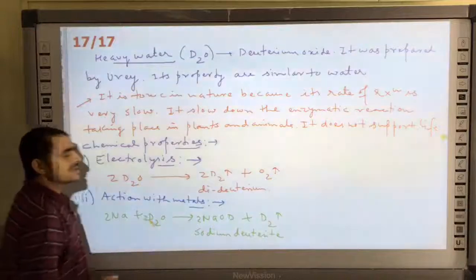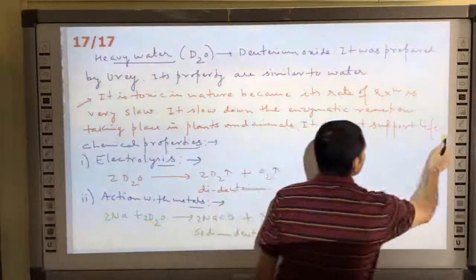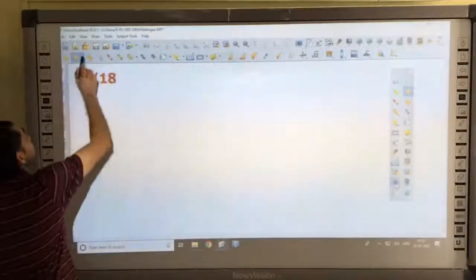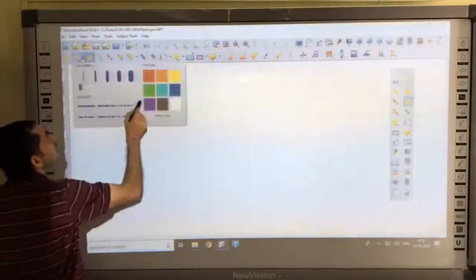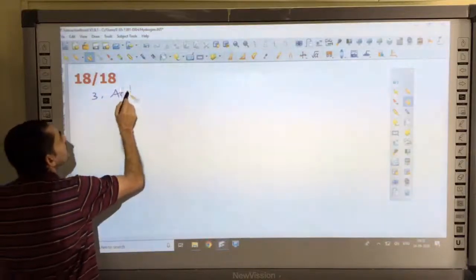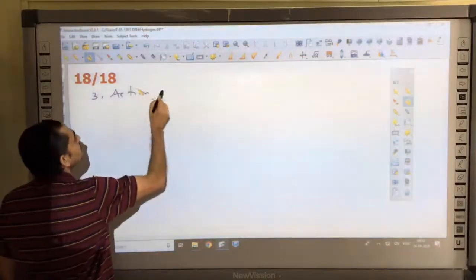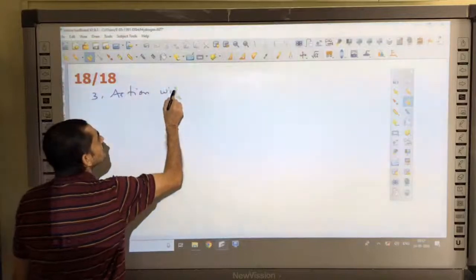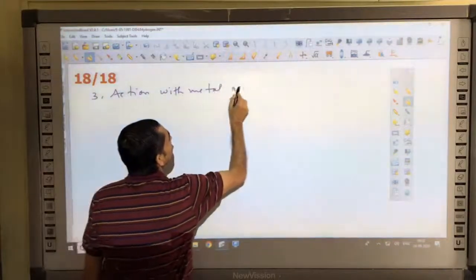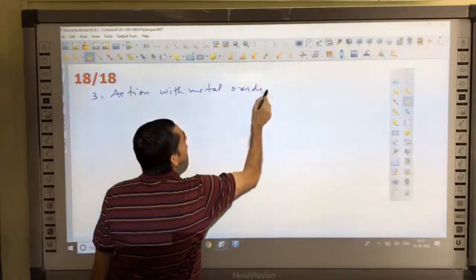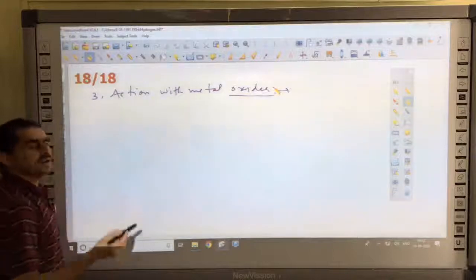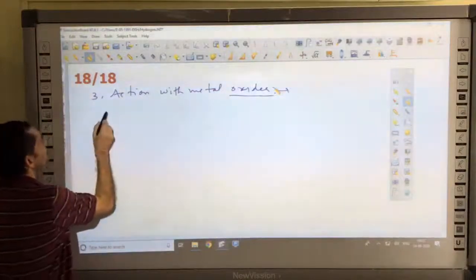Okay. Next property is action with metal oxides. Number third, action with metal oxides. Now it reacts with metal oxide in the same form. Let us see.